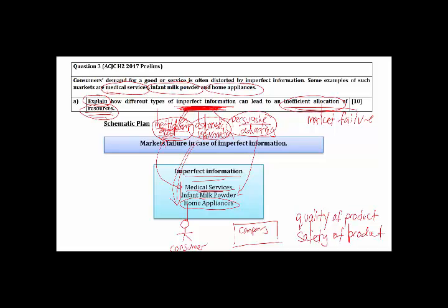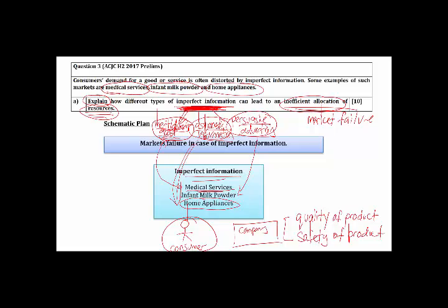So between the two, the consumer and the company, the company would have an understanding of the quality as well as, or even, the safety of the product. But consumers, they do not have any idea. So with this asymmetric information, it could lead to adverse selection happening.